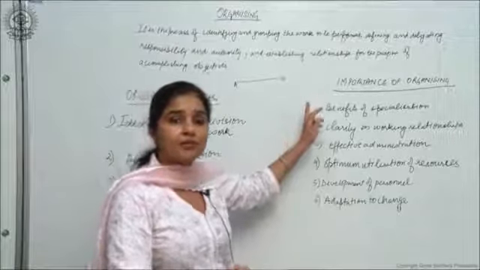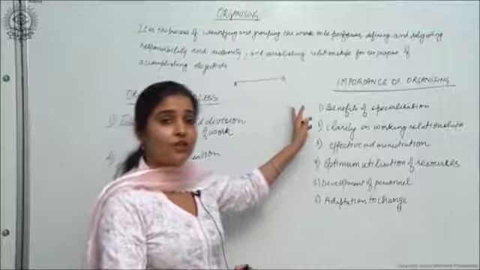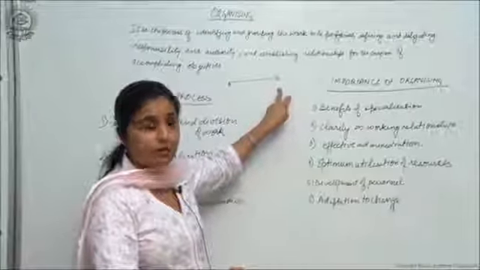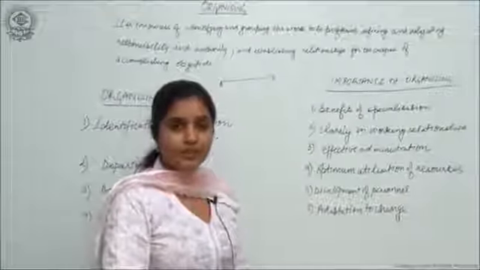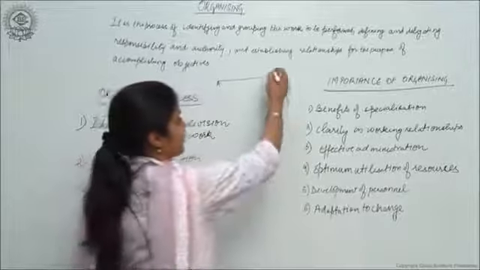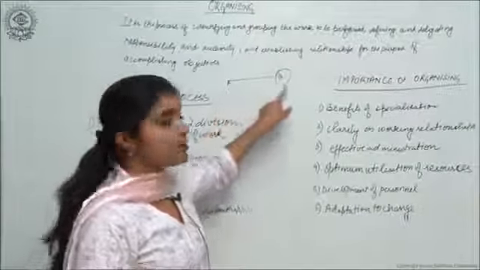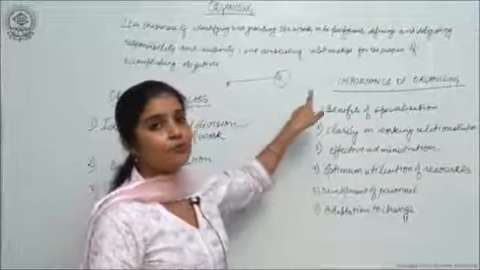If my current sales turnover is, let's say, point A, and the objective of the organization is to achieve B as my sales turnover, what all steps am I going to take to achieve this amount of turnover? That is what we call planning. Planning bridges the gap between these two points, that is, where you are today and where you want to be.